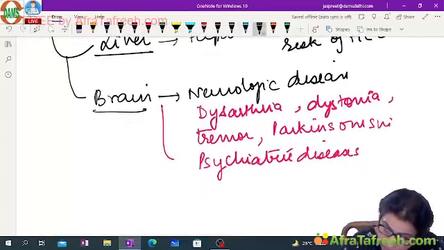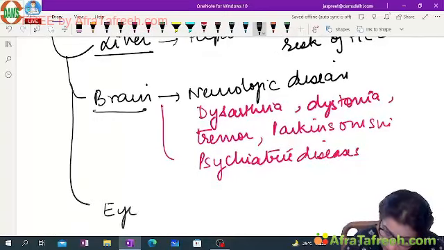Okay, third, after brain, copper deposits in the eye. Okay, where in the eye?